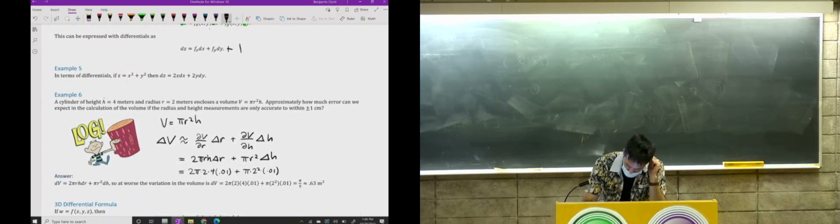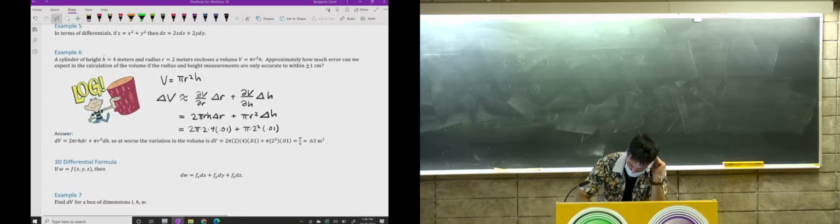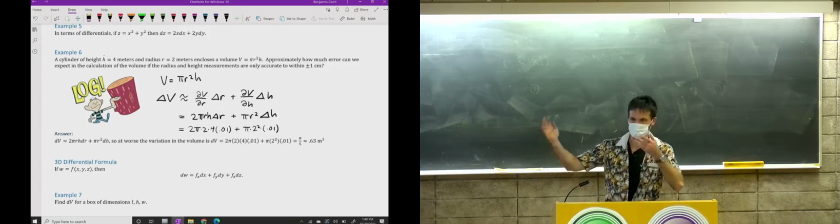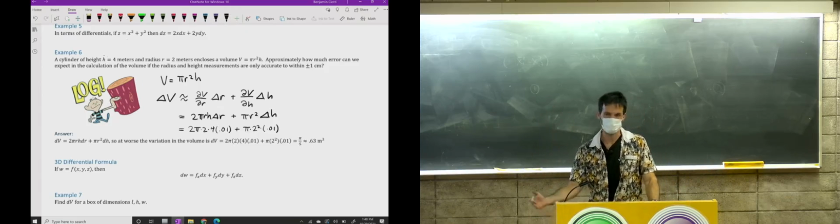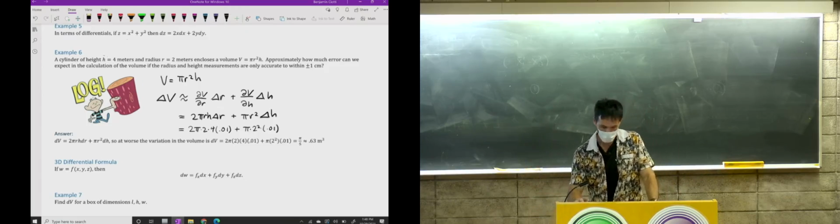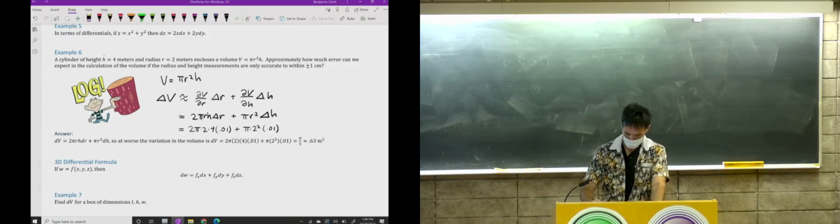Just add a third f_z dz term. If w is f of x, y, and z, then dw is f_x dx plus f_y dy plus f_z dz. You could probably guess what the differential would be for a function of 4 variables.